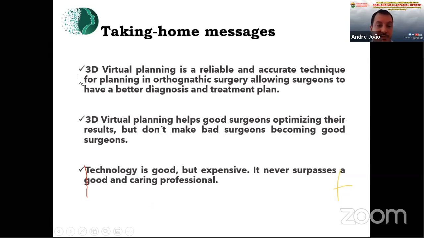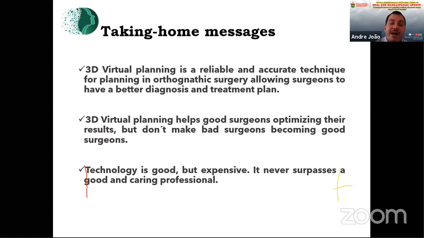Okay, finishing this presentation, here is my take-home message. The 3D virtual plan is a reliable and accurate technique for planning orthognathic surgery that helps surgeons have a better diagnosis and treatment plan. So 3D virtual planning helps good surgeons optimize their results, but doesn't make bad surgeons become good surgeons.